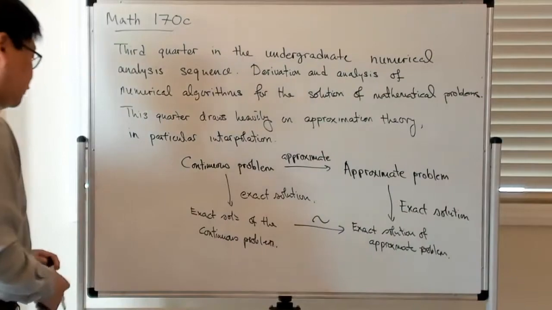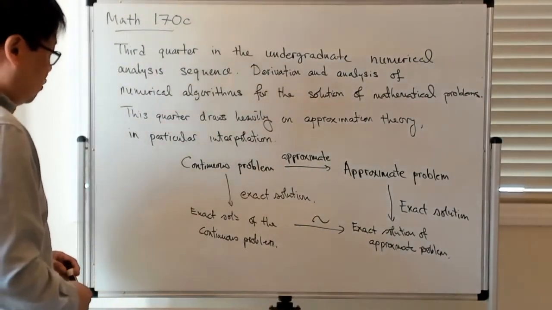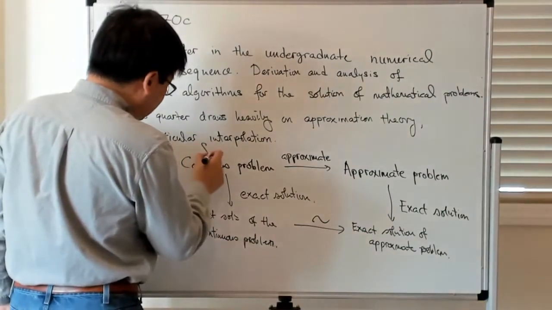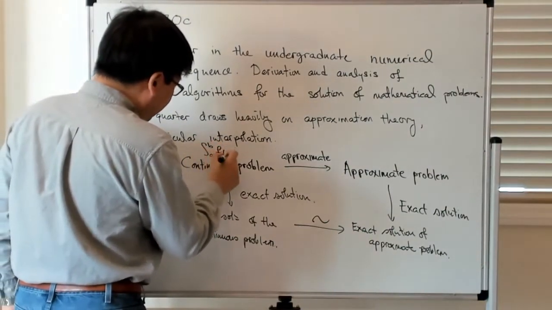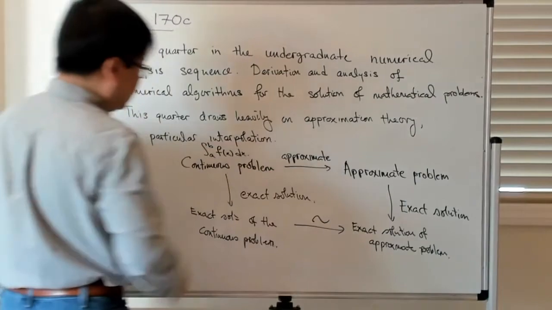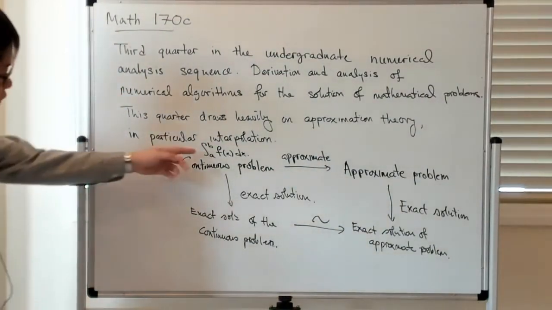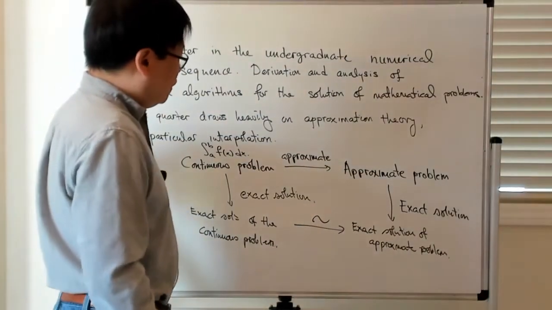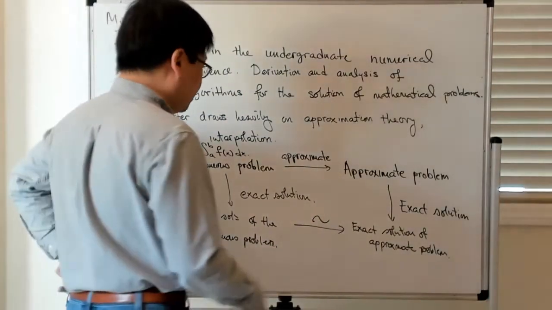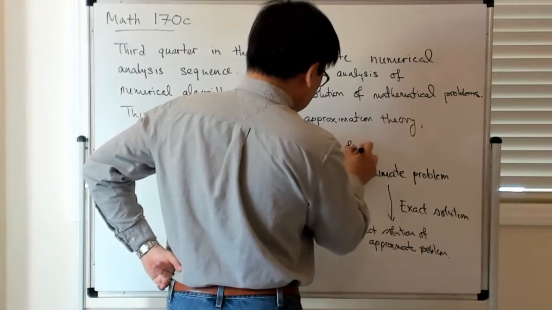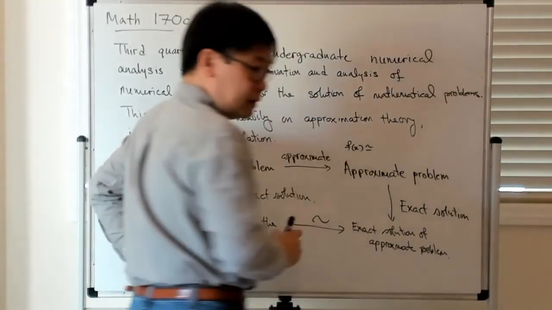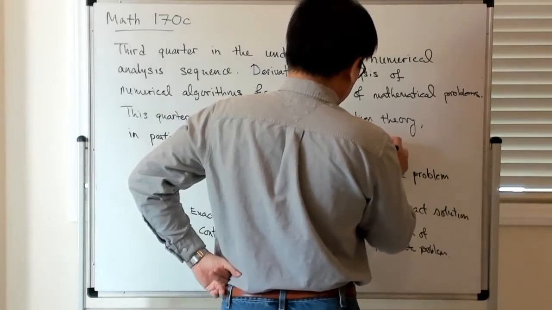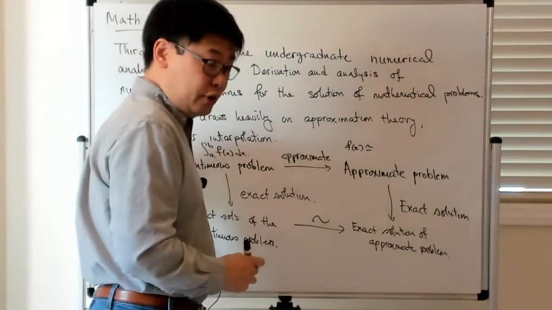Let me make this a little bit more concrete. Imagine the problem you have is something simple like integrating a function. You want to find the integral from a to b of f(x) dx. From what you learned last quarter, f(x) can be approximated by a weighted combination of the function at a bunch of points.